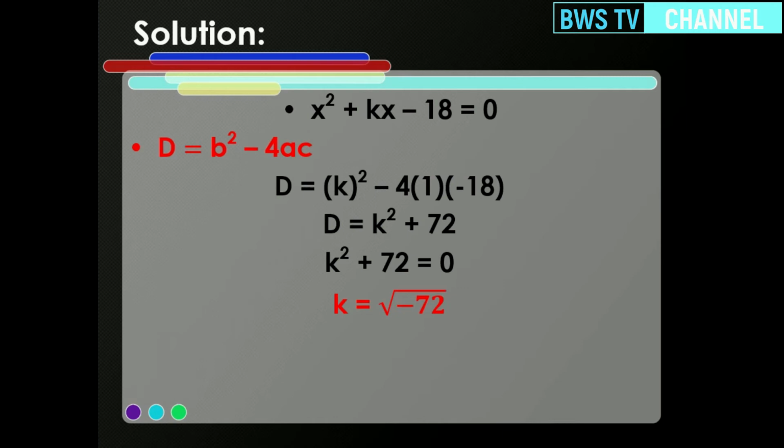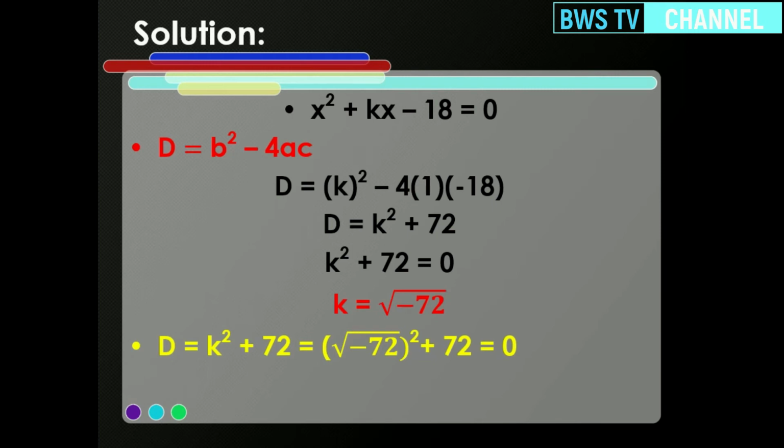Substitute the value of k: d is equal to k squared plus 72. So we have to substitute. We cancel the exponent, cancel the square root. So what will remain is negative 72 plus 72. What will be the answer if you have negative 72 plus 72? The answer is 0.